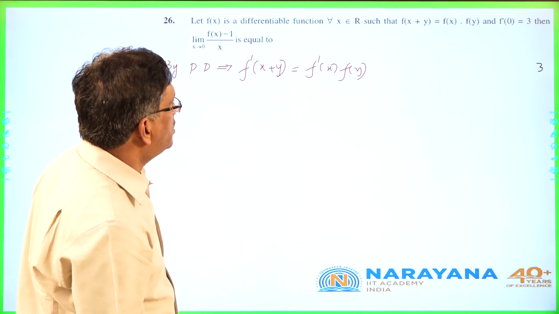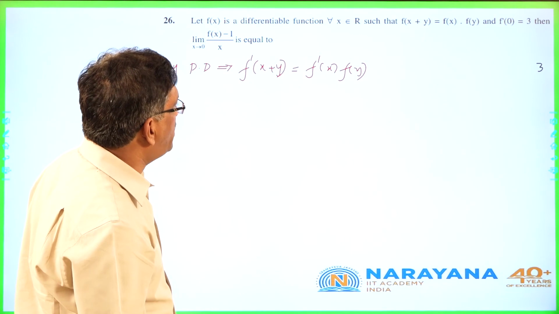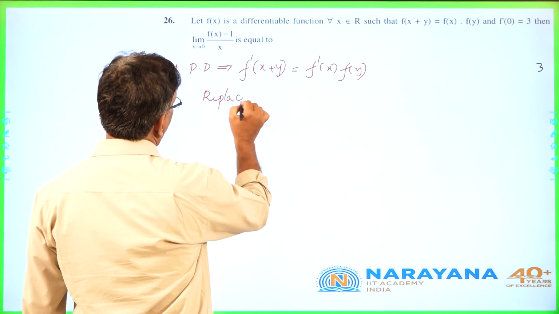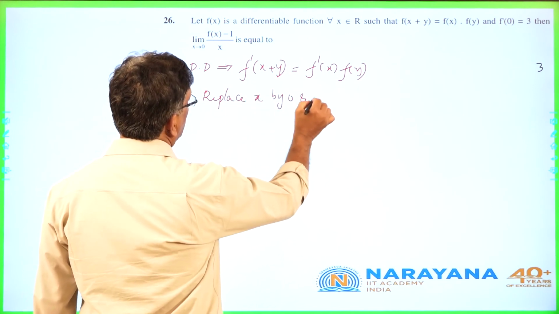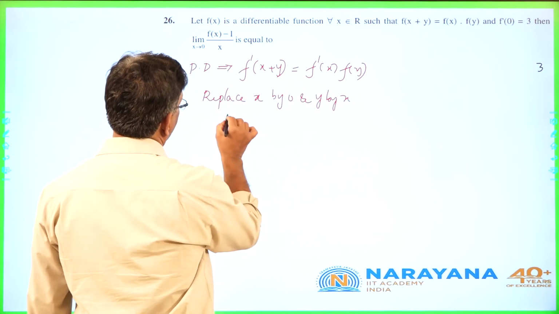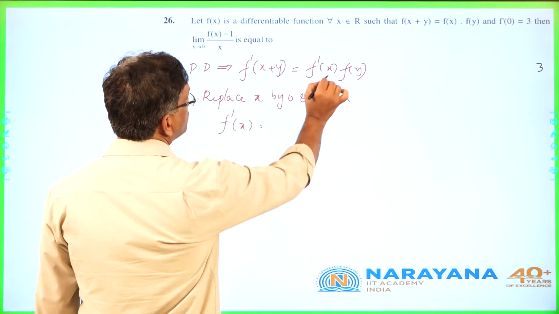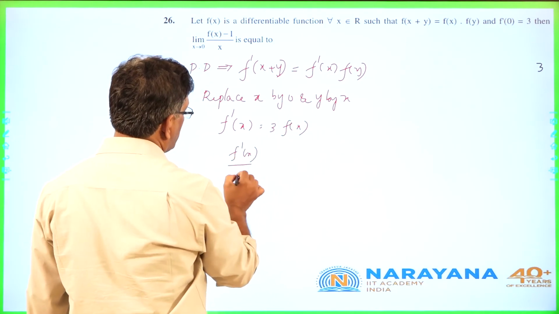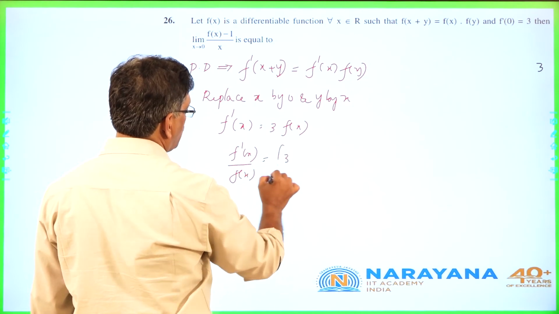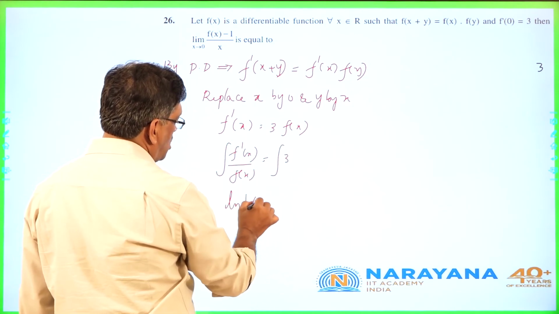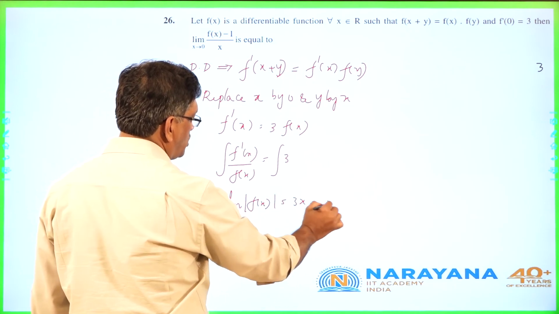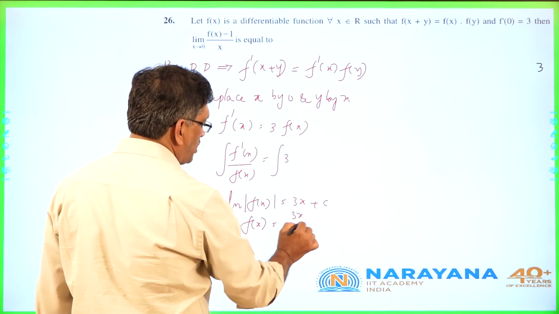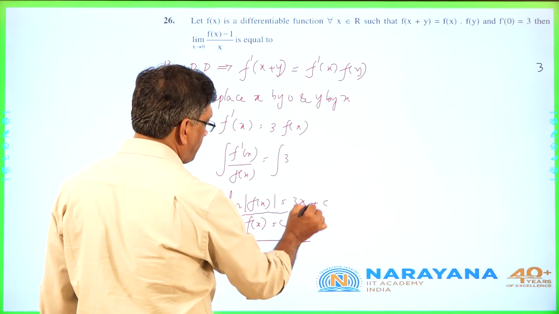Since he has given the f dash 0 value, let us replace x by 0 and y by x, that is f dash 0 into f of x. This is nothing but 3 f of x, that is f dash x by f of x is equal to 3. It is log f of x is equal to 3x plus c. You mean your f of x is e power 3x into c, right?